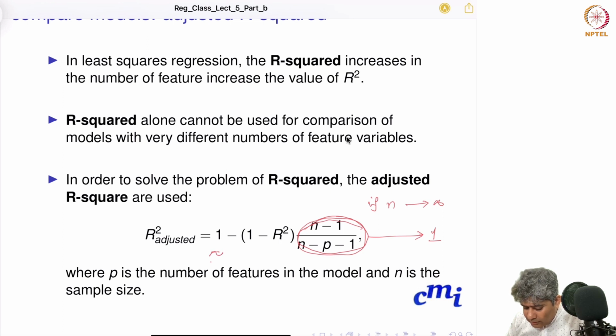Then effectively adjusted R square will be approximately equal to R square. So for a very large data set where p is a reasonable size, adjusted R square will be the same as R square. p is the number of features in the model and n is the sample size.